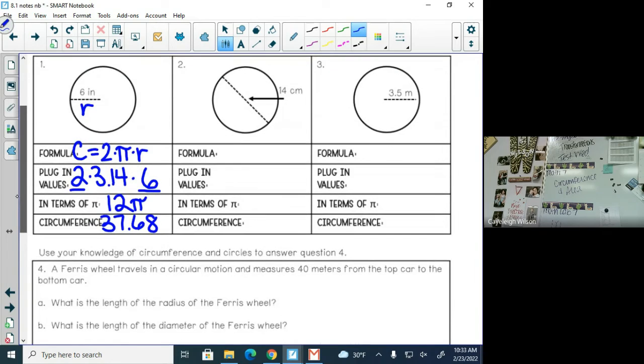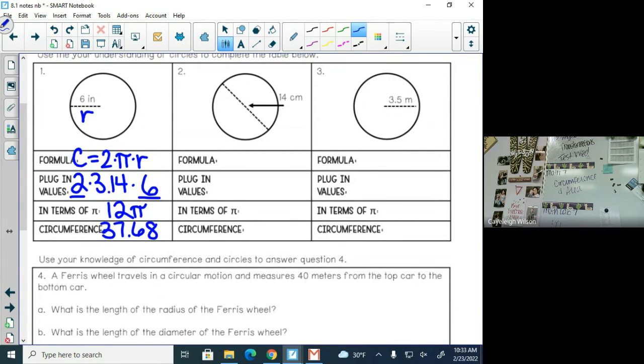All right, let's look at number 2. In the picture for number 2, did they give you radius or diameter? Diameter. So when they give me diameter, I'm going to do pi times diameter. So what do we call pi? 3.14. So I'm going to do 3.14 times diameter, which is 14.